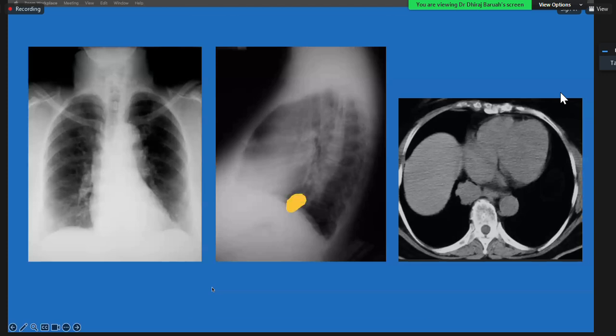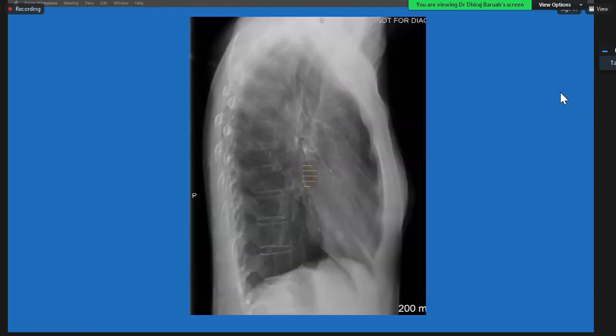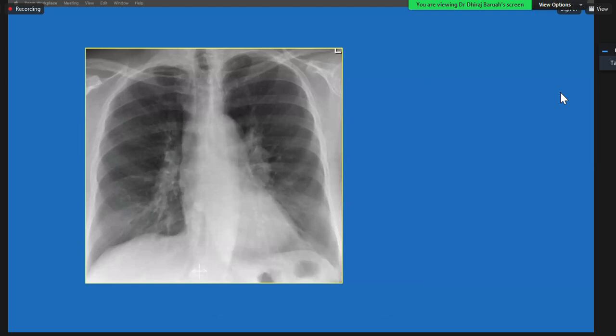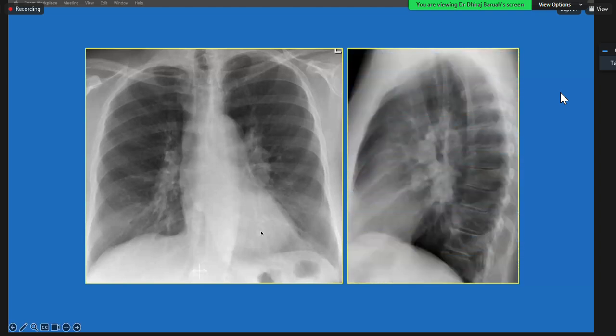The other thing that we look at on lateral X-ray is the infrahilar triangle. This is a triangular lucency, not fat, in the infrahilar location. Whenever you have hilar enlargement, like here, where you see this hilar enlargement compared to the other side, you look at that infrahilar area.